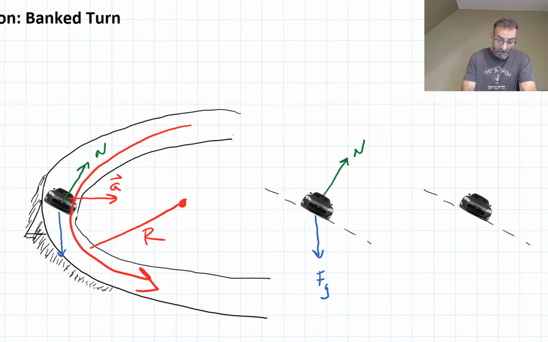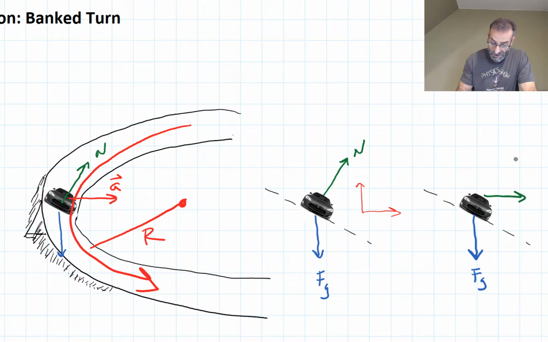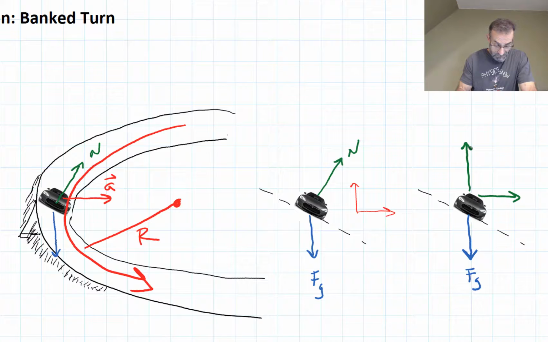So I want to pick the direction of my acceleration and perpendicular to that as my two directions in my coordinate system. The force of gravity is already in that coordinate system. I will leave it as is. But the normal force needs to split into components. So you can see now there's a component in this direction, and there's a component in this direction.